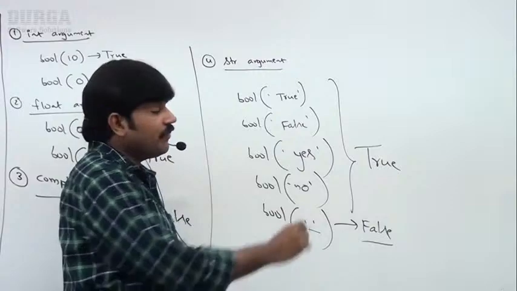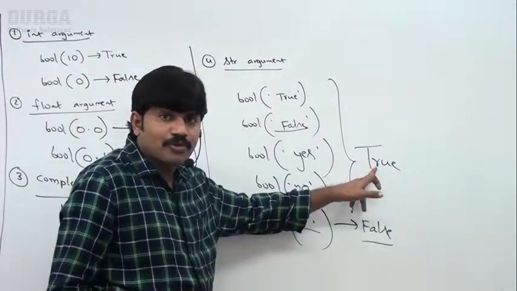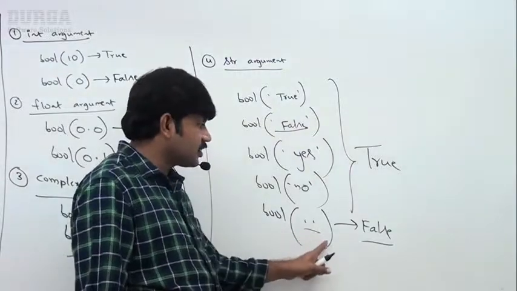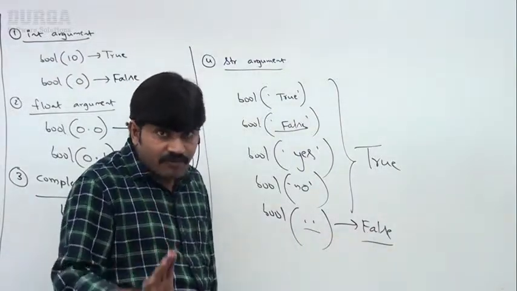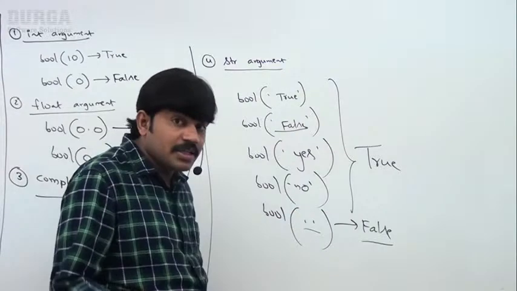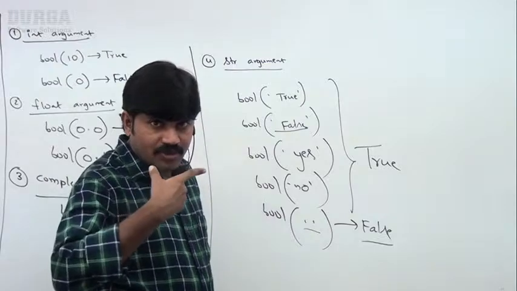Remember this: even bool of false will become true. Only if the string argument is an empty string, then it is treated as false. If it is not empty, then it is considered true, right? Any doubt about this one?